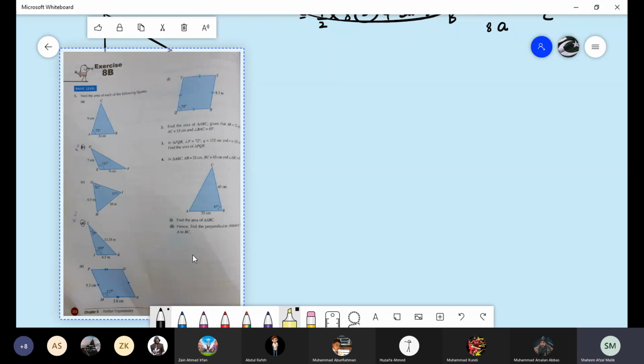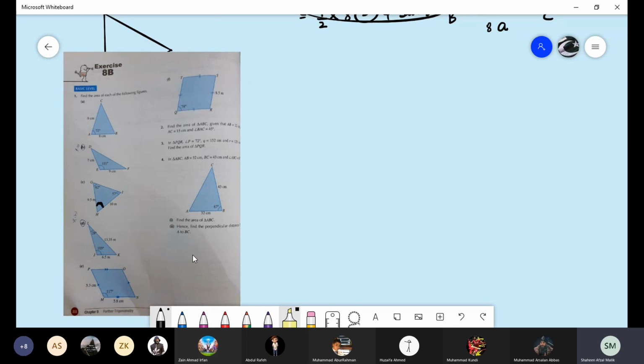Two angles were given, but the third angle is missing, the main angle which we need. Just remember two things.